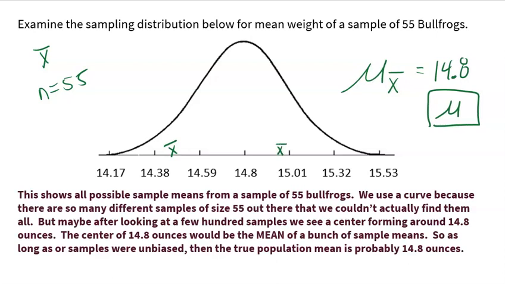But remember, unbiased does not tie your one sample to the truth. Unbiased is tying the center, the mean of all sample means to the truth. And that's what a sampling distribution shows us if it's unbiased.